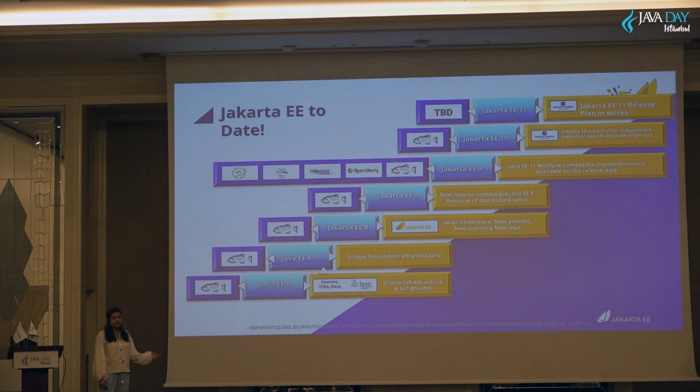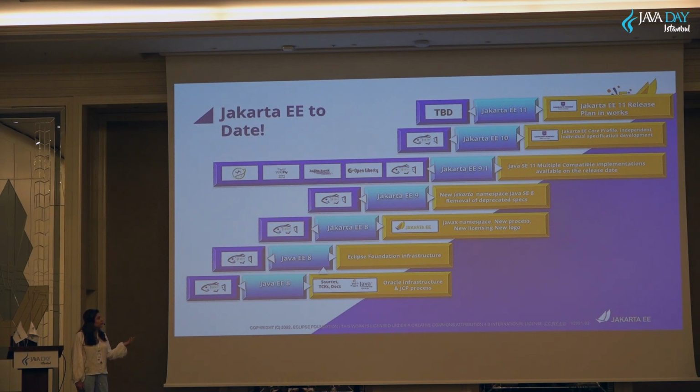So looking at the history of Jakarta EE, and I'm talking about Jakarta EE 8 release, 9, 9.1, we're talking about moving Java EE 8 into the Eclipse Foundation and establishing a new specification process and a vendor-neutral open community guiding the development of cloud-native Java and basically building the enterprise Java.